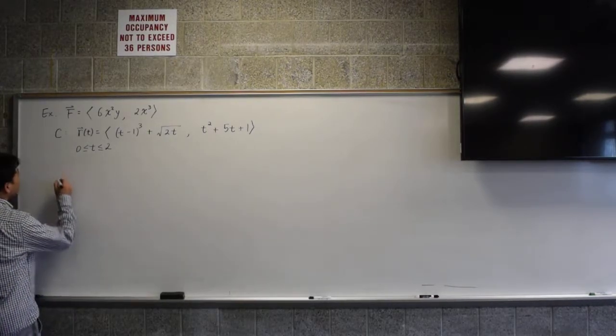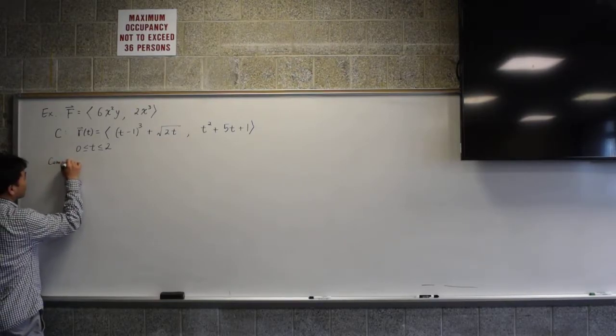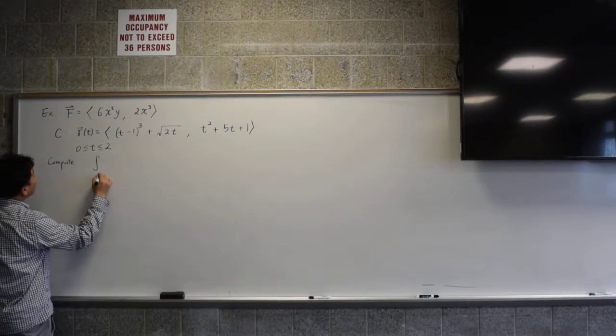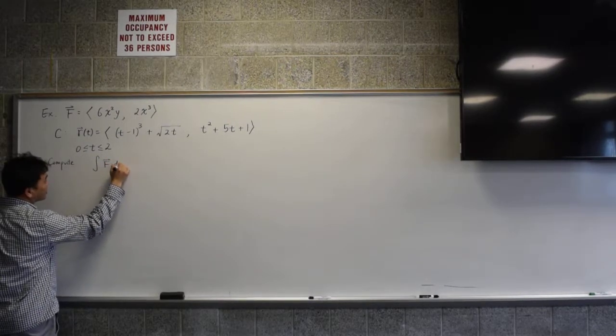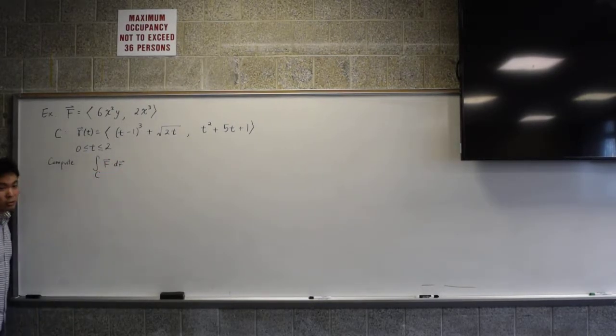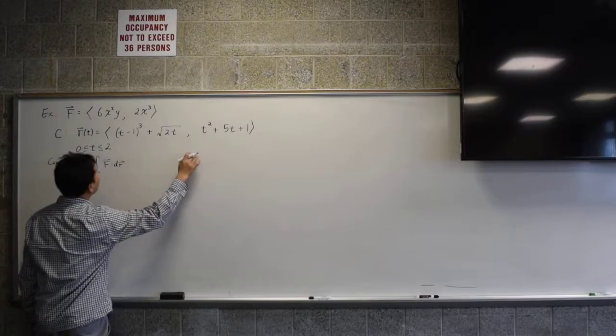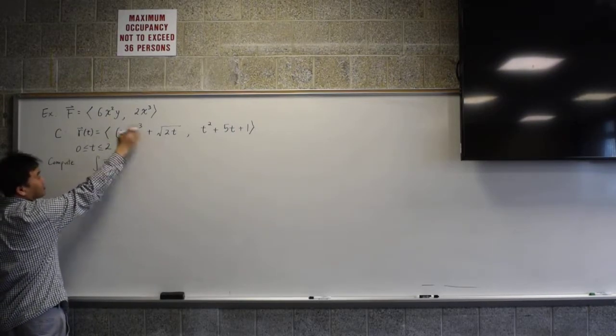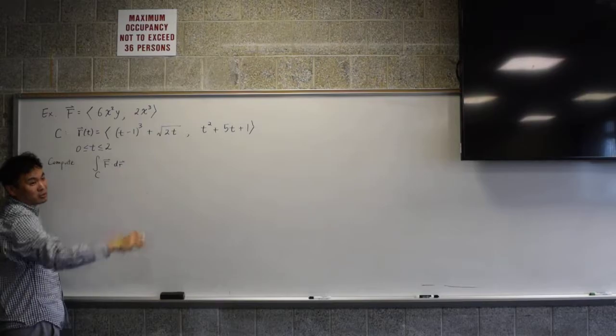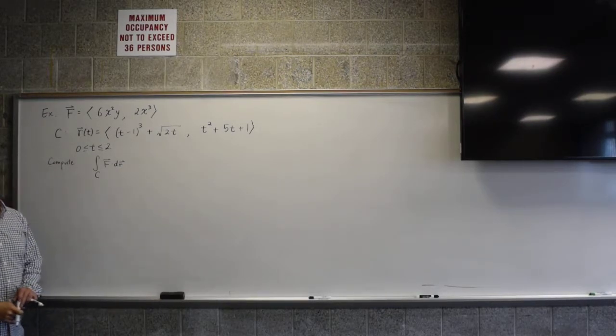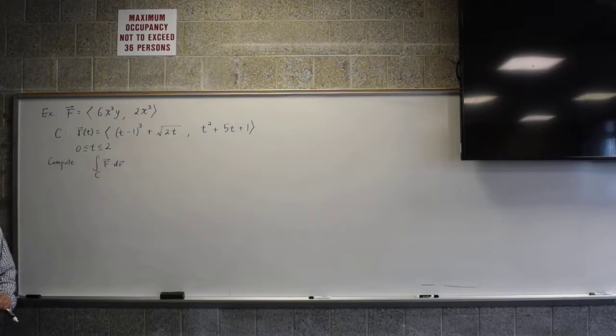And the question is, compute the integral of F dot dr over this C. And if this was the only thing that was given, it's a little harsh because, as you can see, trying to differentiate this and plugging them in here and then doing the integral would not be a fun activity to do, right?